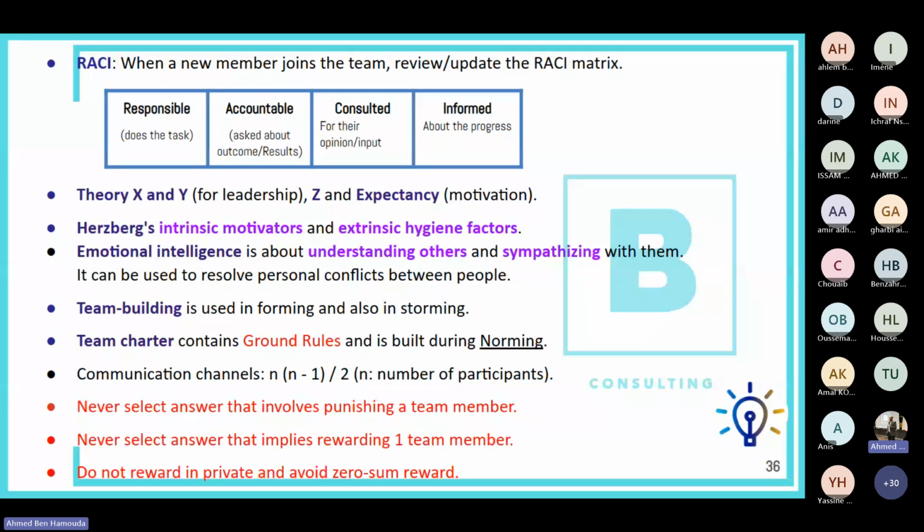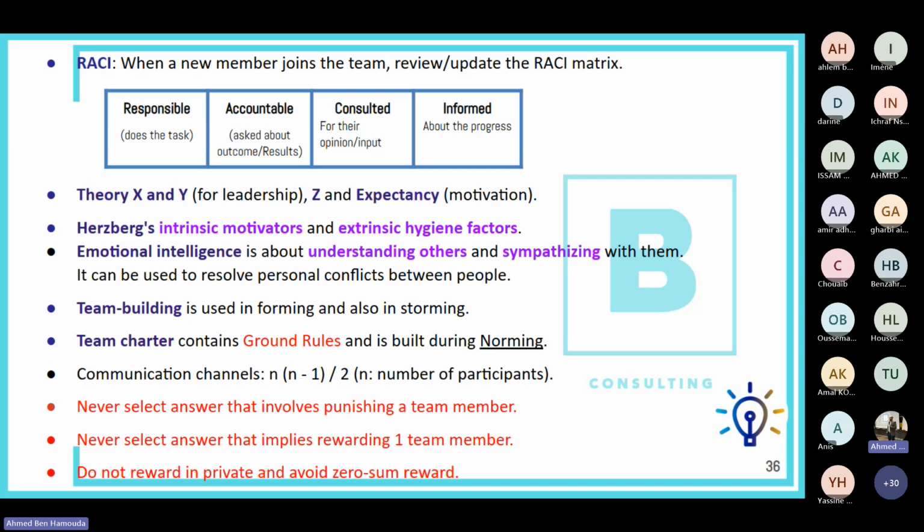That's when the motivation comes from inside the person, such as they would like to become famous, or they would like to have self satisfaction. Those are intrinsic motivating factors. Extrinsic hygiene factors are such as working conditions, environment conditions, salary, all right, bonuses, etc.